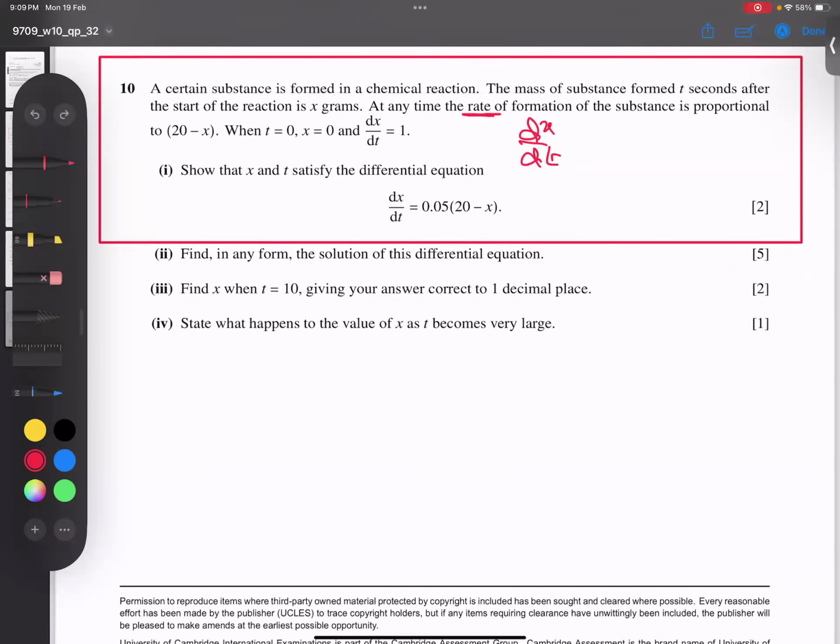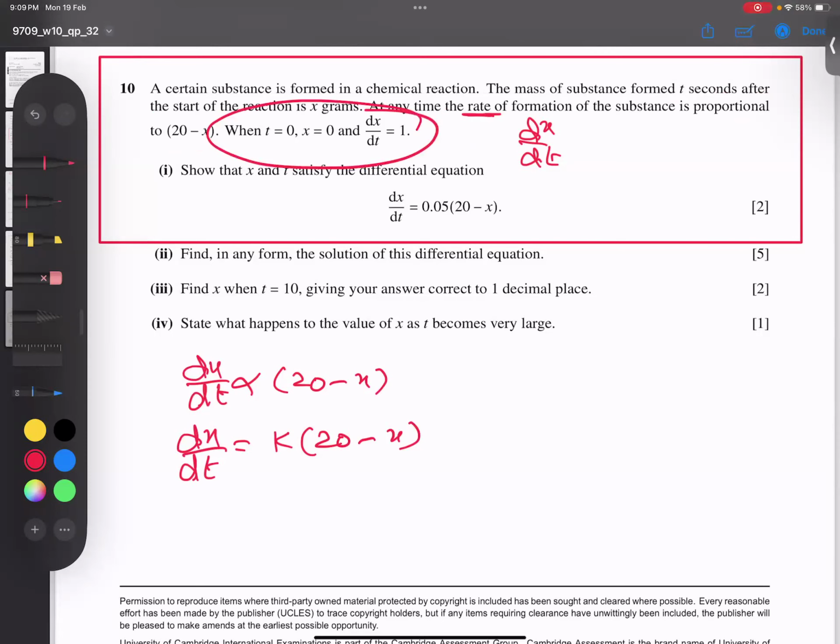So I can write here dx over dt is proportional to what? Is proportional to this one. So I'm writing here 20 minus x. Done. I will remove the proportional sign and put here an equal sign, and k will come automatically. Now, students, I will use this data. I will put here x is equal to 0, and dx over dt is equal to 1.